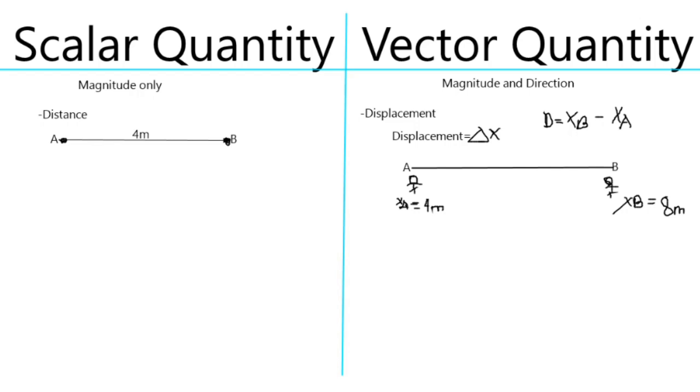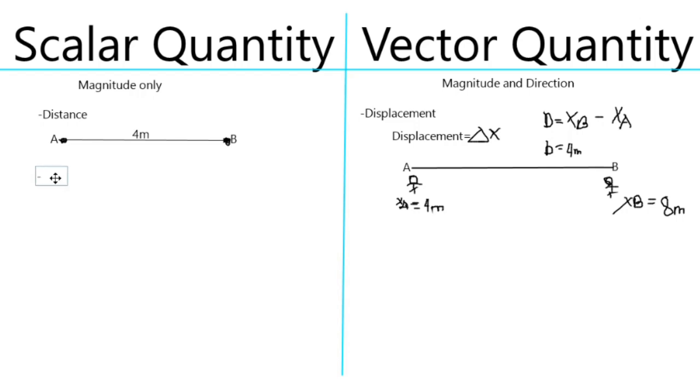What we're going to do is just take the difference between these, and that is his or her displacement. We do not know if the sex of this stickman is male or female.